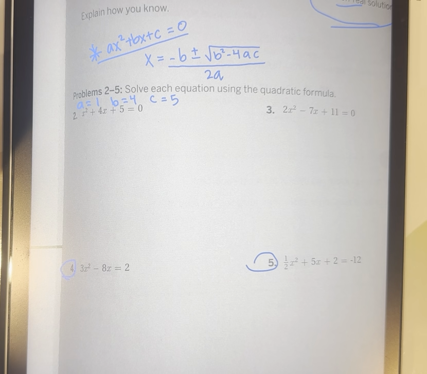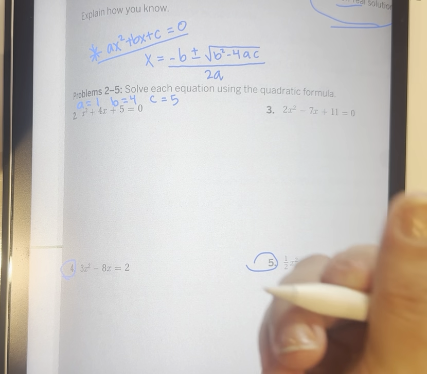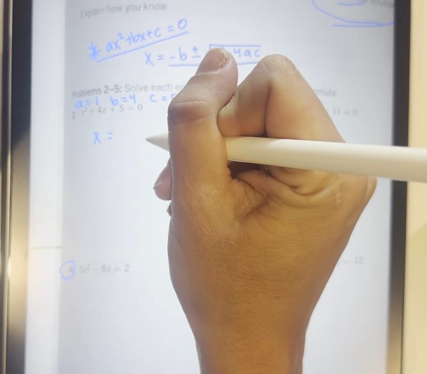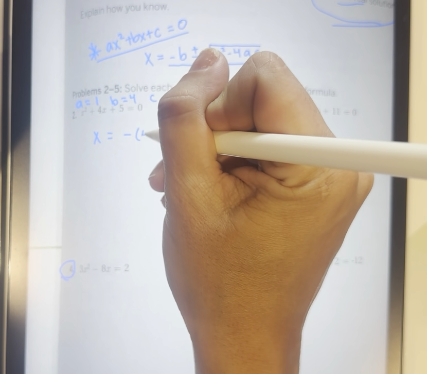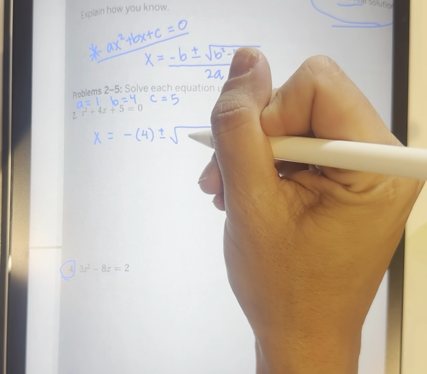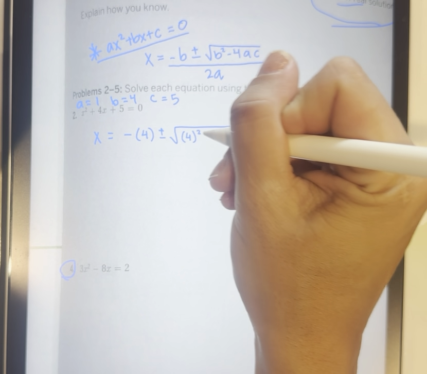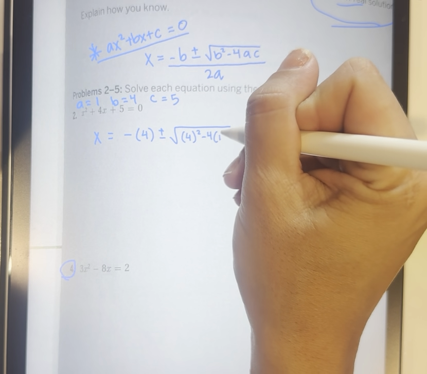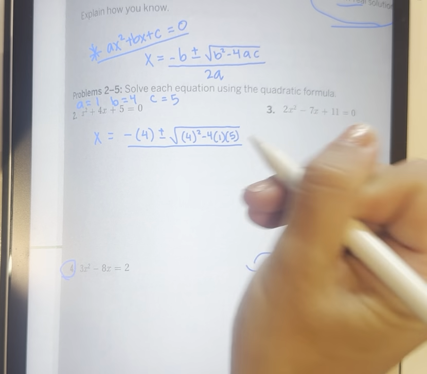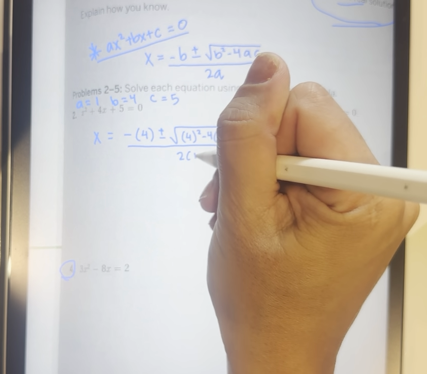Okay. Let's go now. We just plug everybody into the equation with parentheses. X equals negative 4 plus or minus the square root of 4 squared minus 4 times 1 times 5, all divided by 2 times 1.